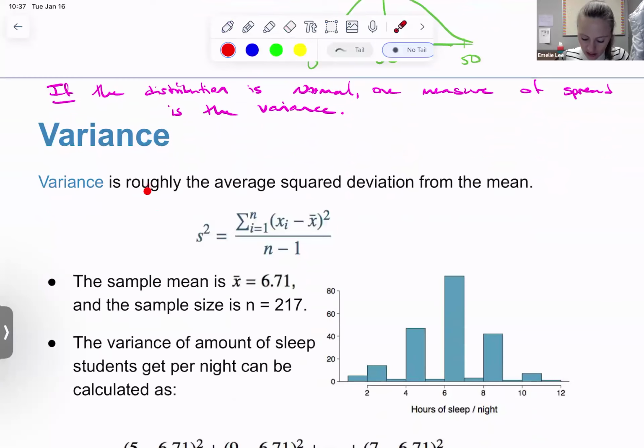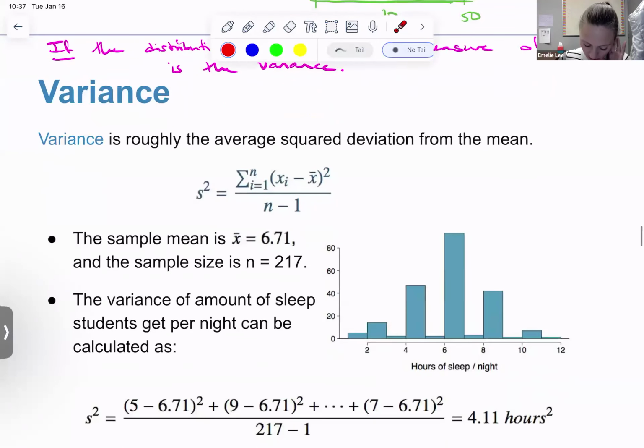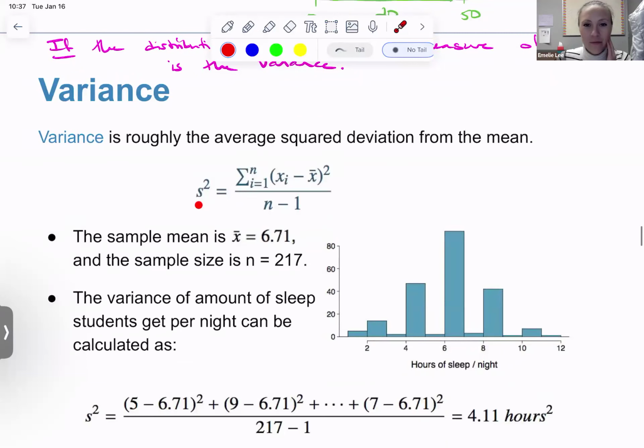The variance is roughly the average squared deviation from the mean. Okay, and so we get this very nasty looking equation, which we're going to break down. Let's see here. The sample variance is denoted by s squared. Okay.